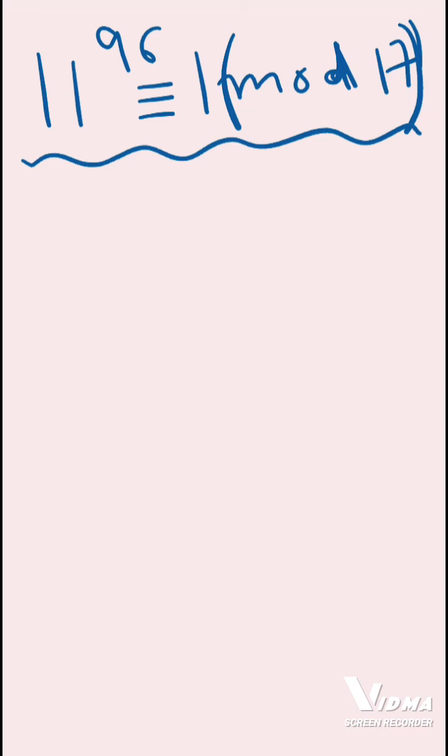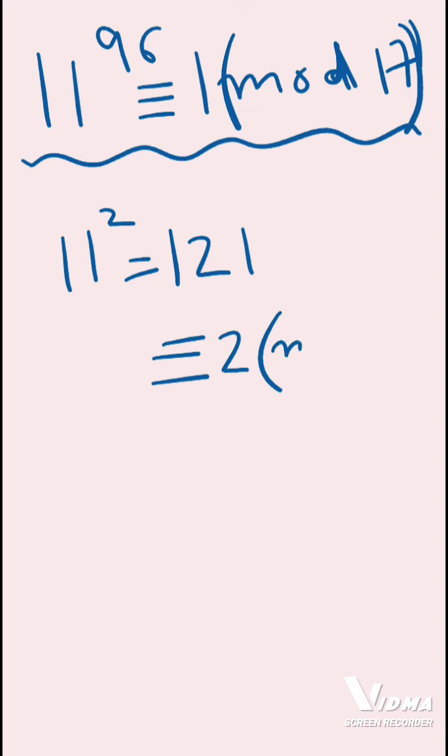So notice that 11 raised to power 2, which is equal to 121, is going to be congruent to 2 under mod 17. How? You can check it by division, right? It's a very simple task. It's not a big deal, right? So what have we concluded? That 11 square is congruent to 2 under mod 17, right?